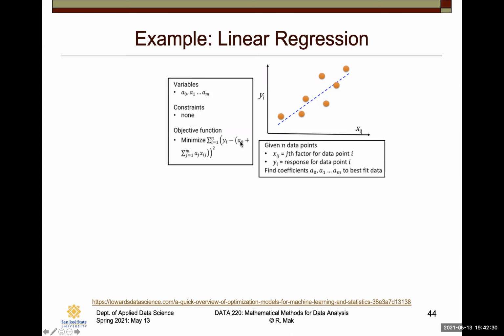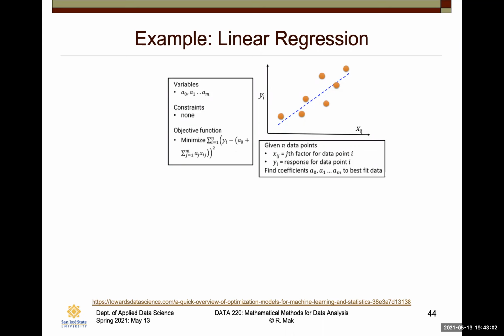The a's are the coefficients of the regression line. So there's a0, and then the summations are the remaining coefficients multiplied by the x values. And we're subtracting the difference between what the regression line predicts and the actual y value, and we're squaring that difference. So that's the function we want to minimize.